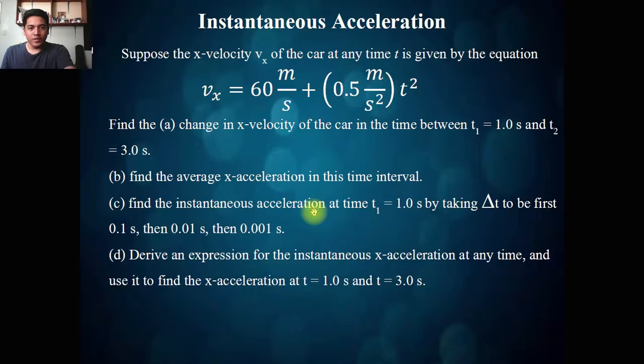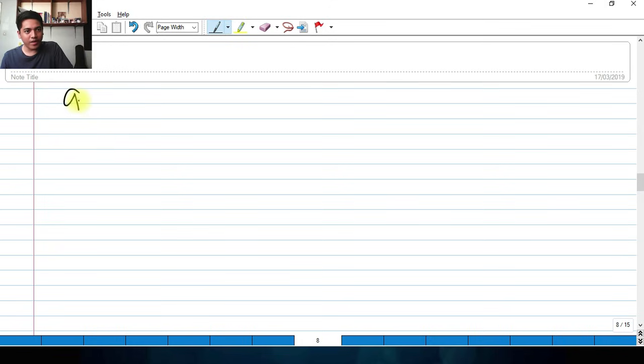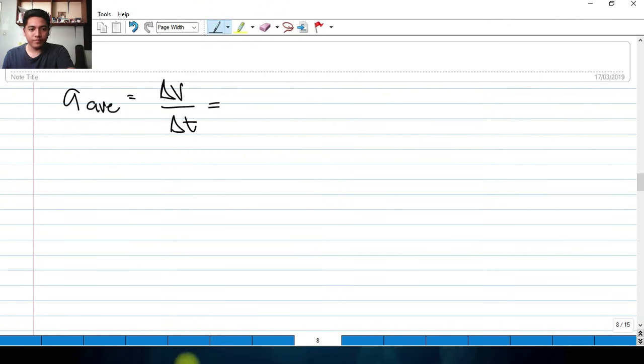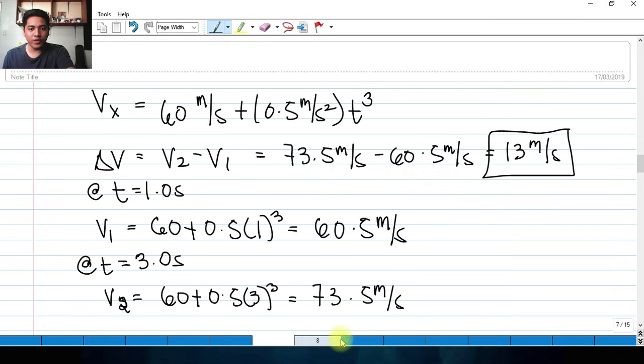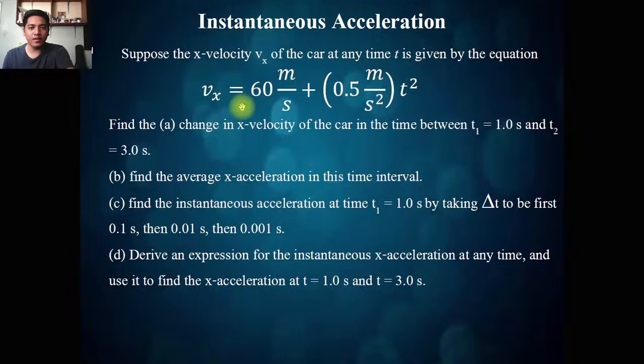Okay? So, letter B, find the average x acceleration in this time interval. In this time interval, the average x acceleration is given by a_ave, that is delta v over delta t, of which delta v we have already computed. Delta v is 13 meters per second divided by still the delta t from t1, 1 second, to t2, which is 3 seconds.